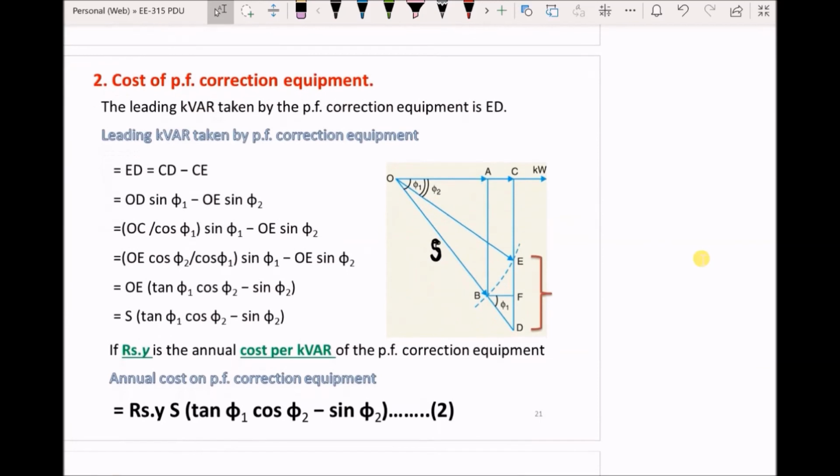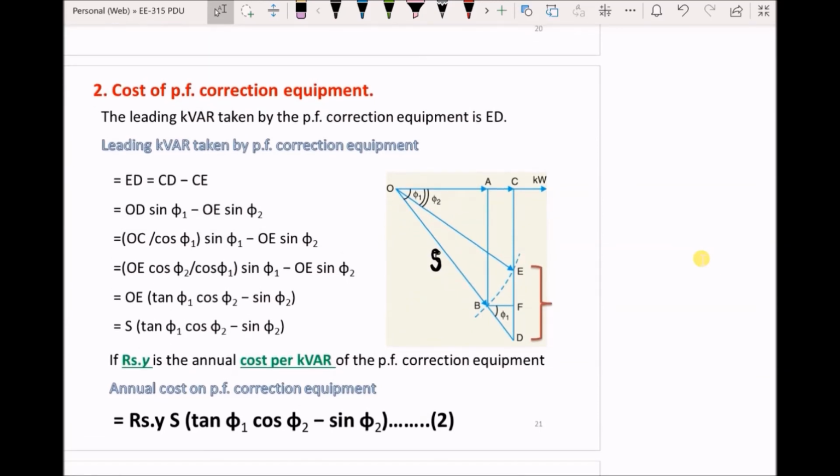Now, for the second case where the power factor is improved to meet the load demand by maintaining the same kVA rating, as the curve OB was shifted to OE, the leading reactive power taken by the capacitor will be ED, which is equal to CD minus CE.